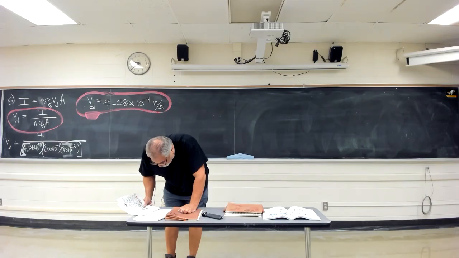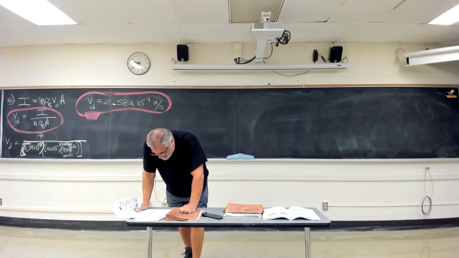Again, the way they write exponentials, 10 to the negative 4, they write capital E and put a negative 4 next to it, and that means 10 to the negative 4. So that's their language. That's the way you're going to see it on the final exam as well, most likely. Okay? 10 to the negative 4 is capital E minus sign 4 meters per second.